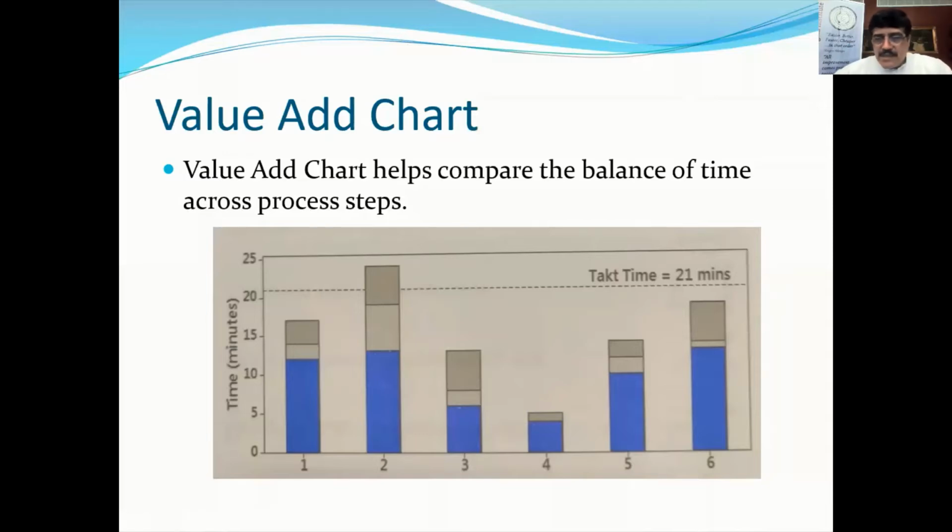So this is important. Of course, there are value adding, non-value adding, and business value adding activities. What you want to do is get rid of all the non-value adding activities, if you can, and bring the process back into business.